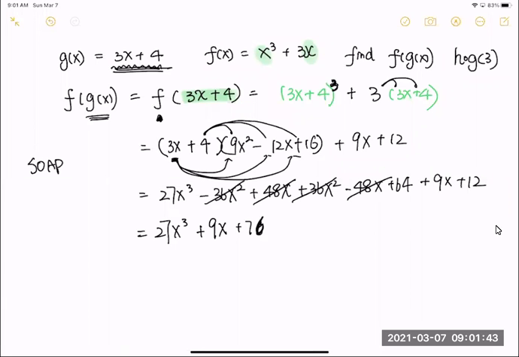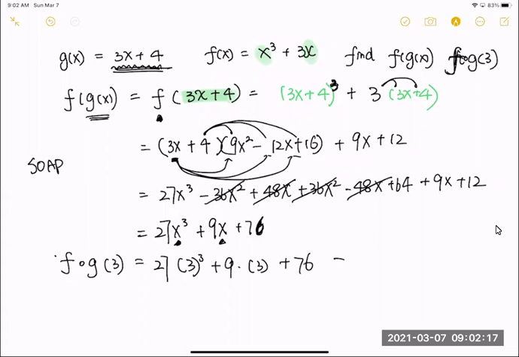Okay, so that's f composed with g at x. So now what about, not h, I'm sorry, this means f. So if now I have f composed with g at 3, what does that mean? It means when x equals 3, the function equals what? So I have 27 times 3 cubed, plus 9 times 3, plus 76.